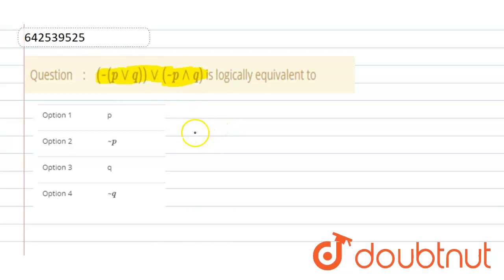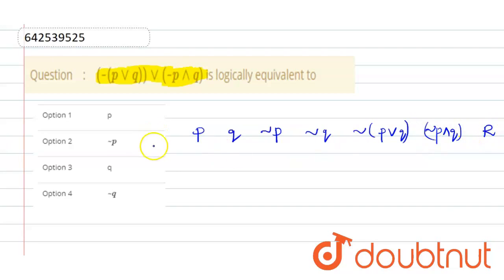So here we have columns P, Q, negation of P, negation of Q, then negation of (P or Q) and negation of (P and Q), and the final result. We get true, true, false, true, true, false, false, false.